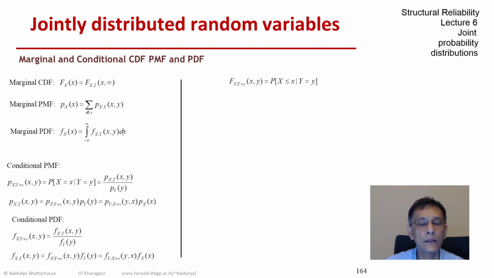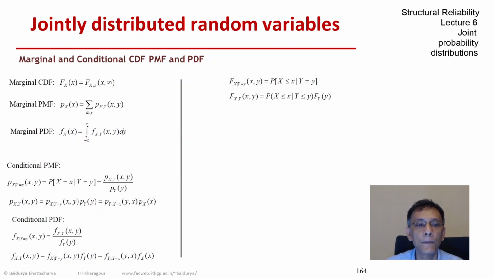We have to be a little careful when we come to the conditional CDF. So if we want to fix the value of y and then find the probability that x would be less than or equal to little x, that is the definition of my conditional CDF.